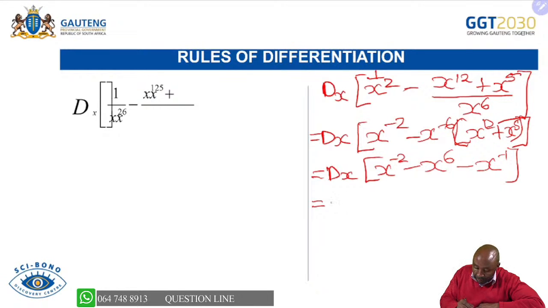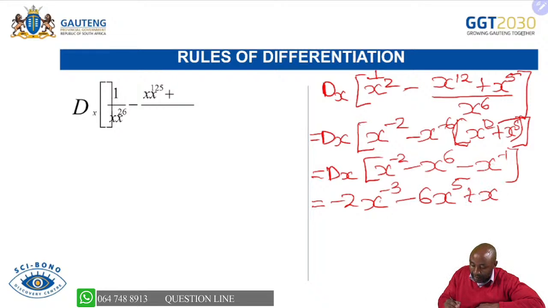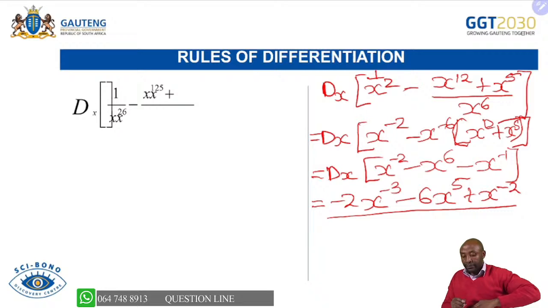So this will give me negative 2x to the power negative 3 minus, my exponent there is 6x to the power 5. Negative and a negative, this will give me positive x to the power negative 2. And that will be my derivative.